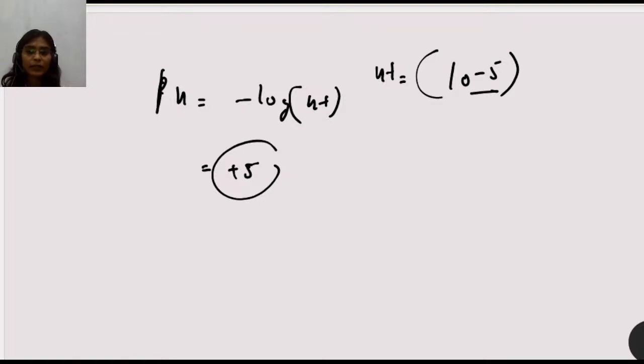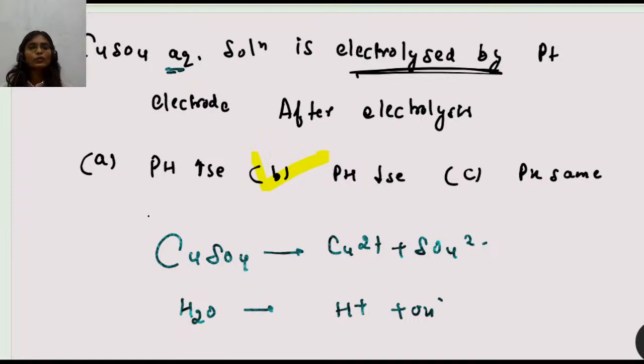Apply the normal equilibrium concept. Of course, this is the only way to approach these kinds of questions. Let's suppose this question comes in a future exam and some student says, ma'am, how to identify the pH because water is not given, only copper sulfate, how is it connected with the pH?